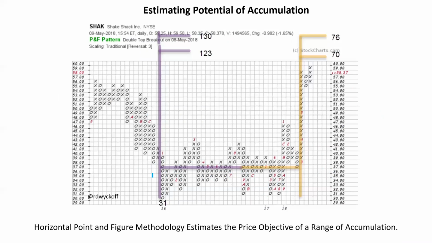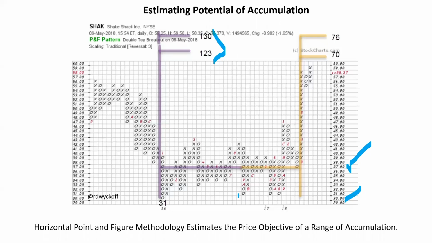If we take the whole width of this area, it counts up to 123 to 130. And here at the beginning of 2021, SHAK touched 135. This is from a count line at $37 and a low at $30. So this is a substantial advance with an accumulation area that shows the potential for a rather large move.